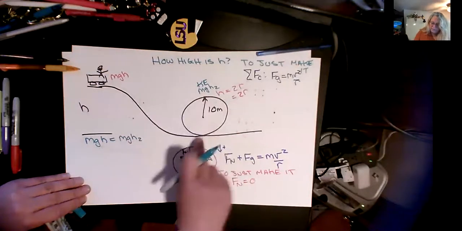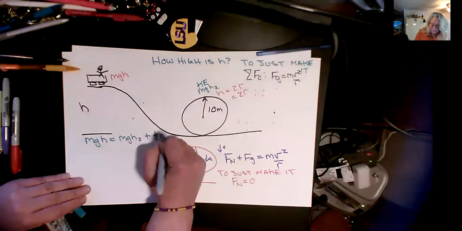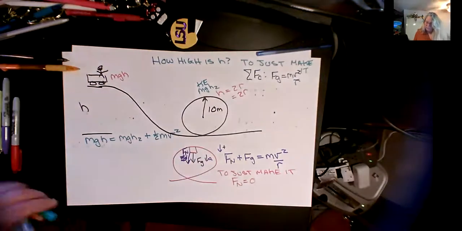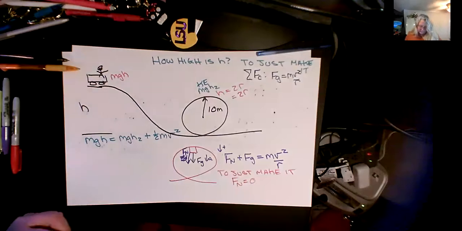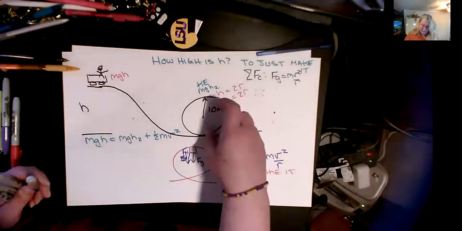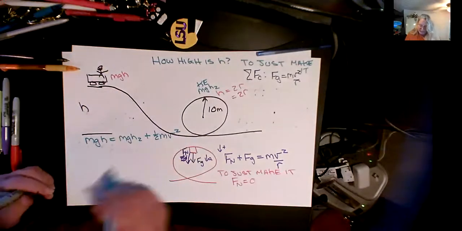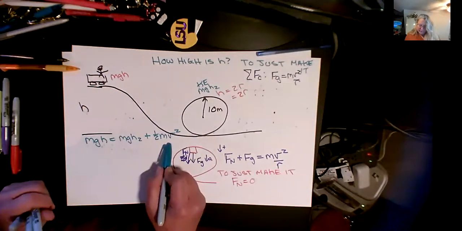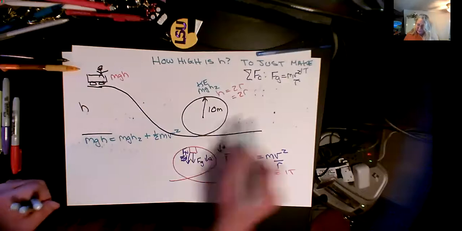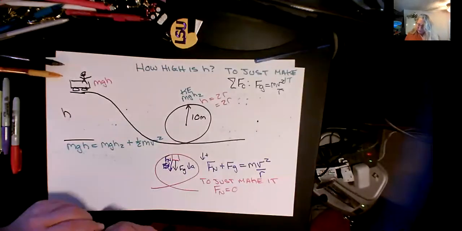I have some height above this 0, plus 1/2 mv squared. And I'm feeling kind of good, because what I'm wanting to do is relate this radius to this height somehow. And I look at this, I'm like, how can I get this thing in terms of r?